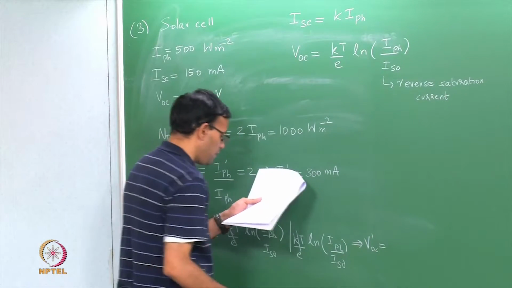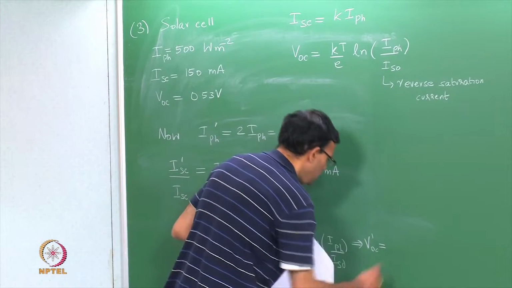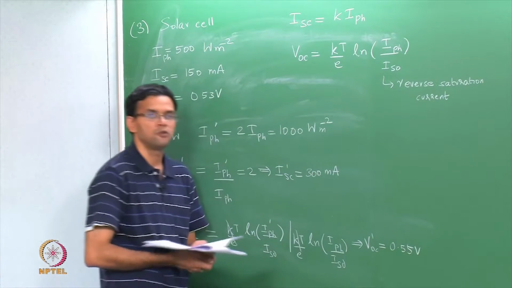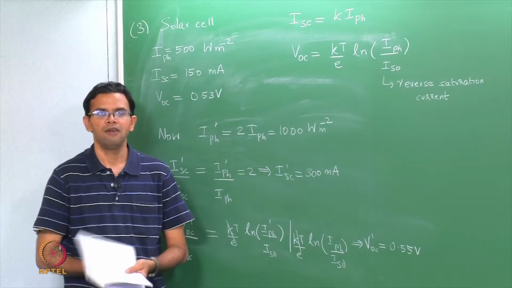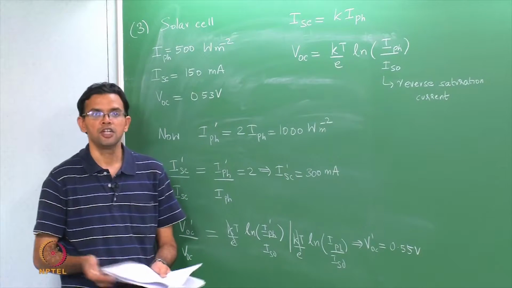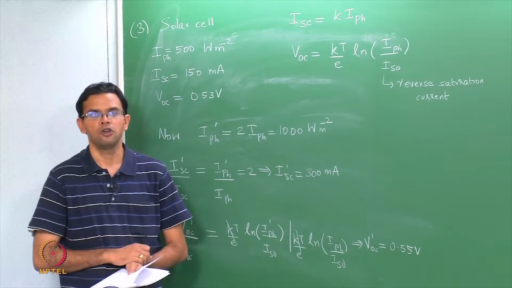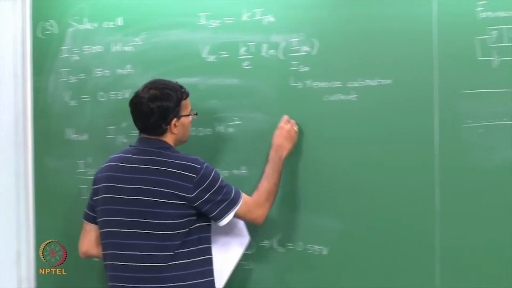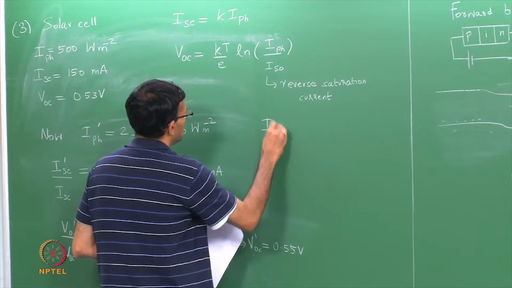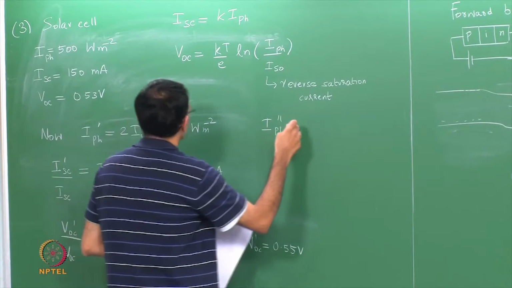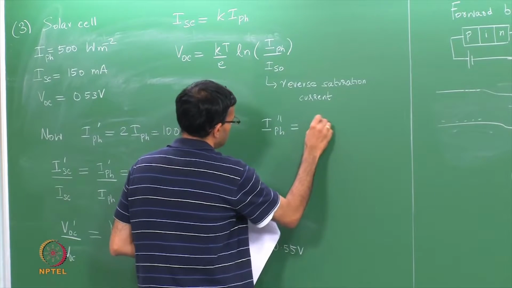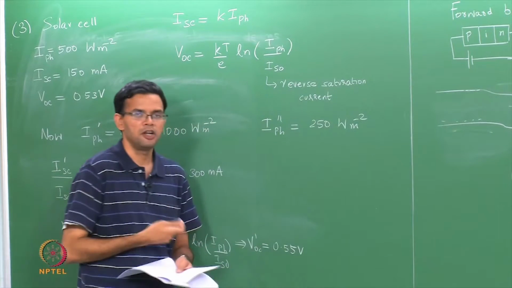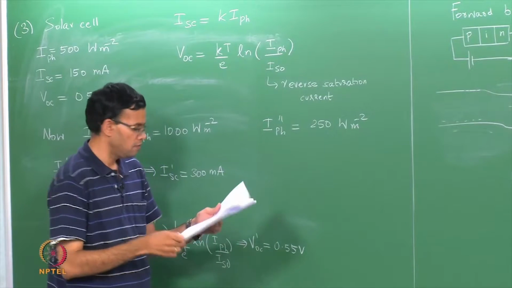So, from this we can calculate the value of VOC. So, VOC prime is essentially 0.55 volts. So, we now have a situation where instead of doubling the photon intensity, we are reducing it by half. So, IPH is nothing but 250 watts per meter square. So, we have reduced it by half.